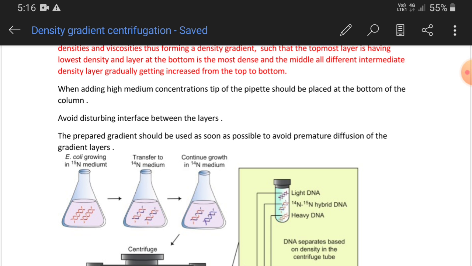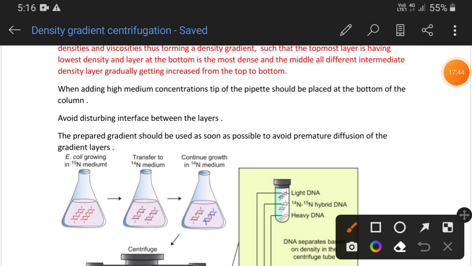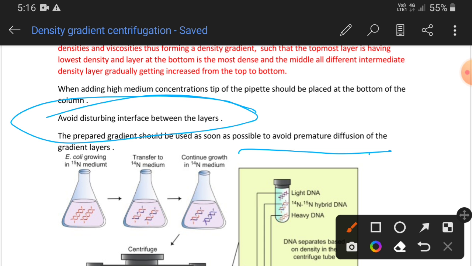Those are: when high concentration medium is added, the tip of the pipette should be placed at the bottom of the column; we have to use the gradient then and there, so that we can prevent premature diffusion of the gradient layers; and we have to avoid disturbing the interface between the layers.